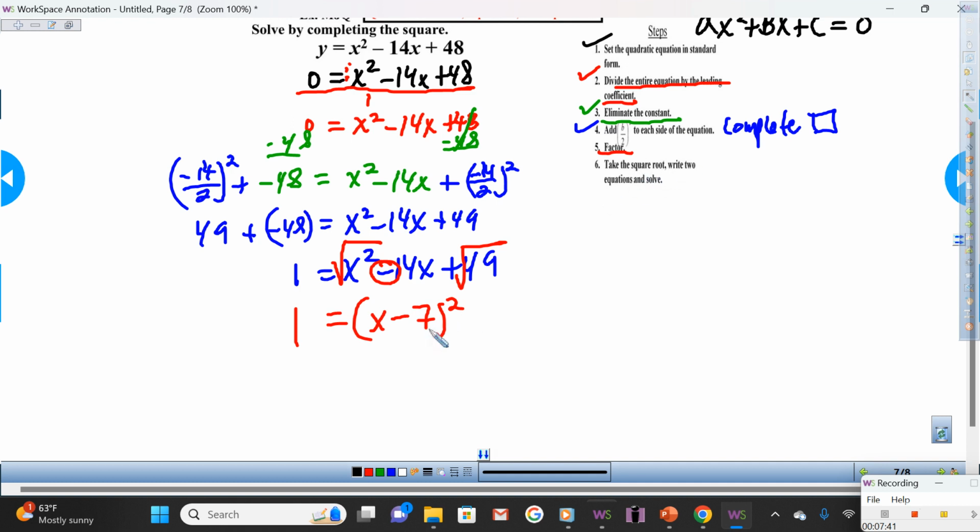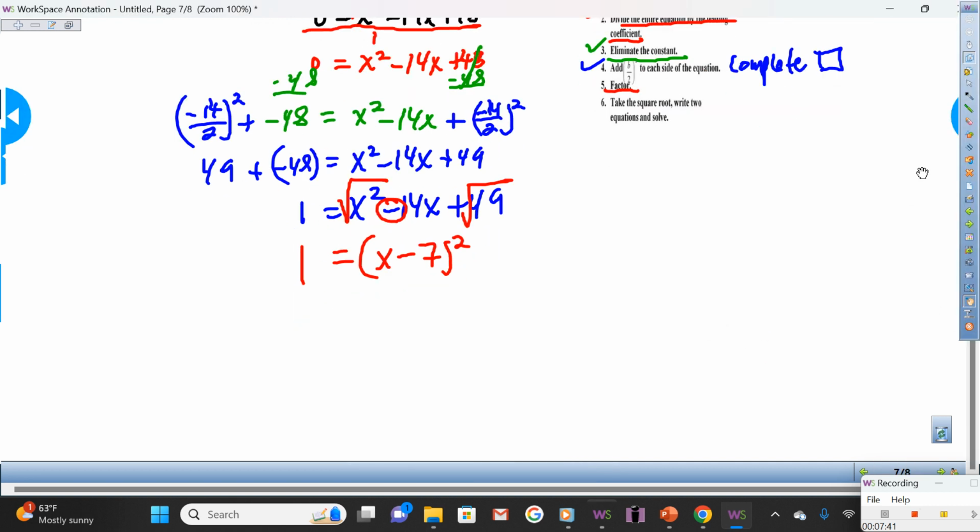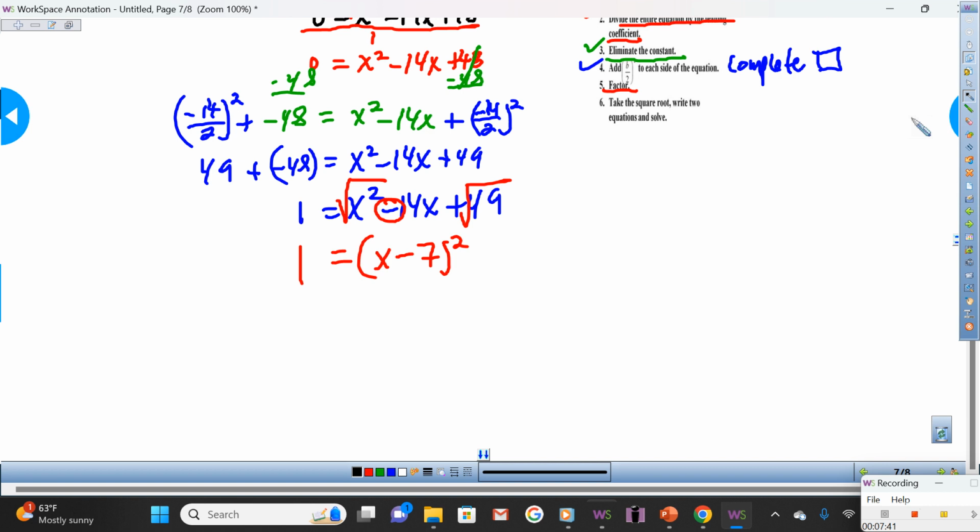So here we go. We need to take the square root. Why do we take the square root before I do that? Tell your neighbor, see if they remember. Why do I take the square root at that step? Brandon said because we need to cancel this squared.